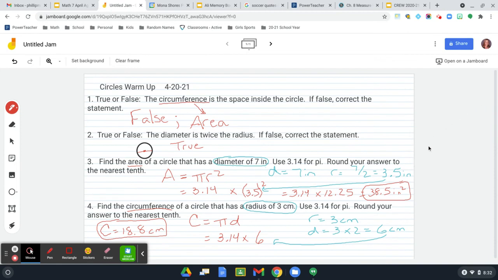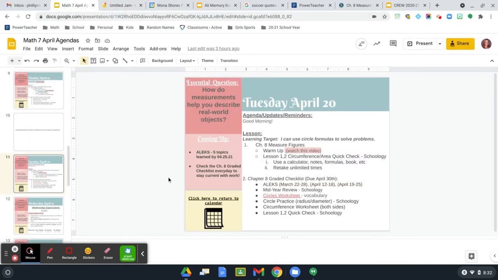You can, if you need to, pause to write any of the notes down or more of the work down, or ask questions with your crew teacher or a podmate if you're in person. And when you're all set now, you're going to come back and you're going to do this lesson 1 and 2 circumference area quick check in Schoology. So note here that I put you can use your calculator, you can use your notes, you can use the formulas in front of you, you can use your book, and so on.